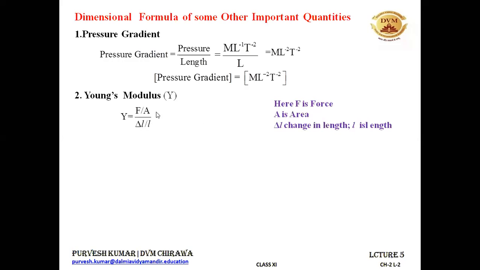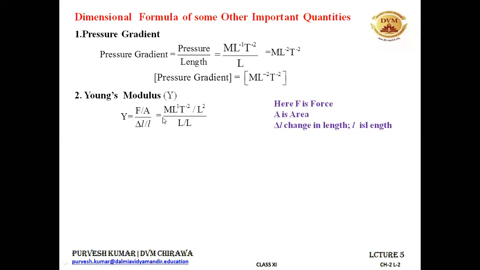So in order to find the dimensional formula for this Y, we have to write the dimensional formula for all the quantities that are involved. So for force, it is MLT minus 2. For area, it is L square. For delta L, that is change in length, will also be some type of length. So it is L. And again for length, it is L. So the denominator gets cancelled out. They are not having any dimensions because delta L upon L is some length upon length that will be having no dimensions.